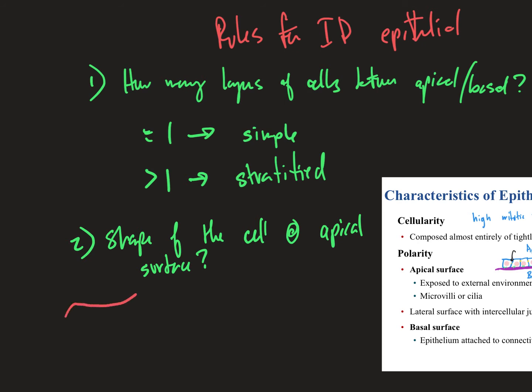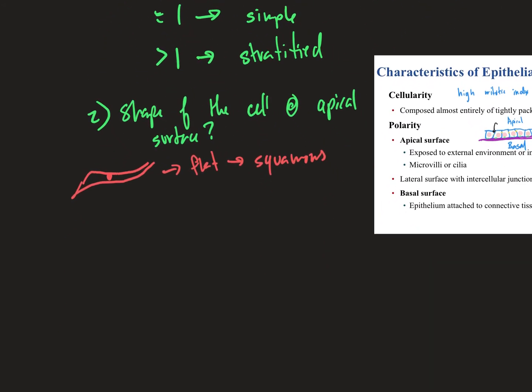Shapes can be like this flat cell. Okay, if it's flat, it's called what? Squamous. Okay? If it's kind of equal in height and width, kind of looks like a couple of dice, the kind of square shape, that's what?